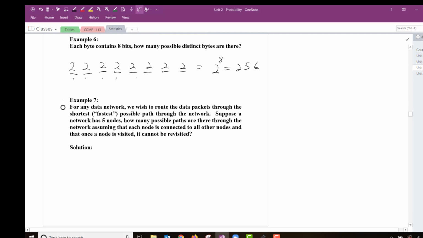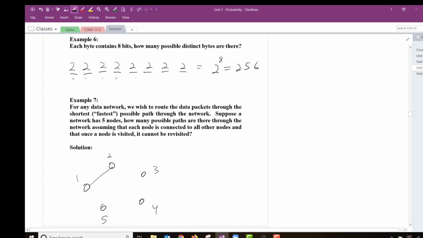Another little example here. It says we have a network and there are 5 nodes in the network. So here are my 5 nodes, and it's asking me to count how many paths there are through this network, assuming that everything is connected to everything. So you can go from node 1 to node 2.